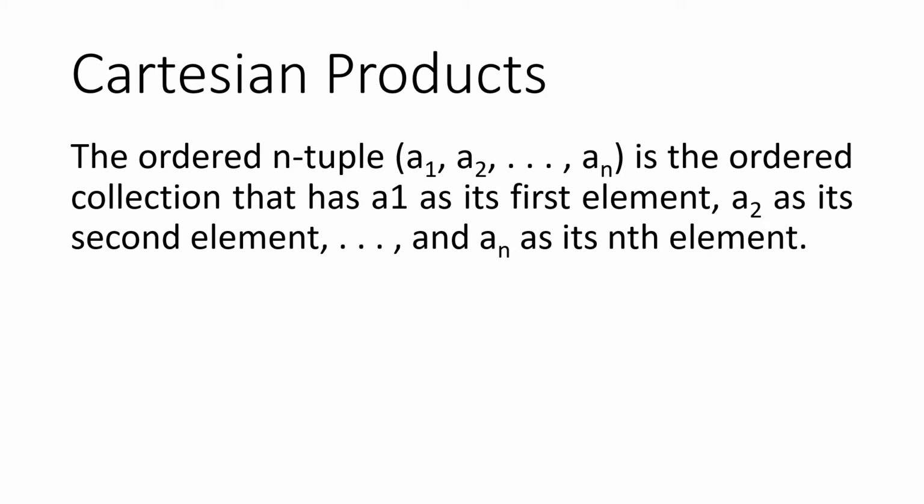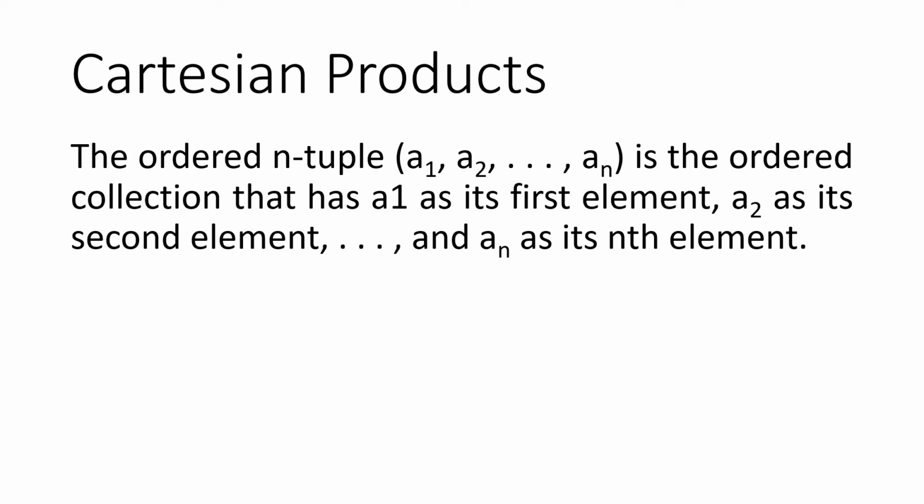Two ordered n-tuples are equal if and only if each corresponding pair of their elements is equal. In other words, a sub 1, a sub 2, up to a sub n is equal to b sub 1, b sub 2, up to b sub n if and only if a sub i is equal to b sub i for i from 1 to n.